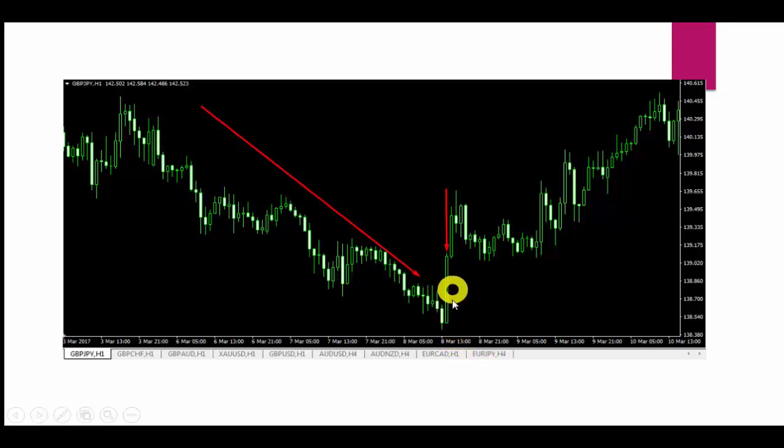Right after the formation of this candle, the overall market trend and direction changed, and the market went to the upside. So it's a very important candlestick pattern. Here it has acted as a trend reversal. In a downward trend, we got a Marubozu and the market went to the upside.